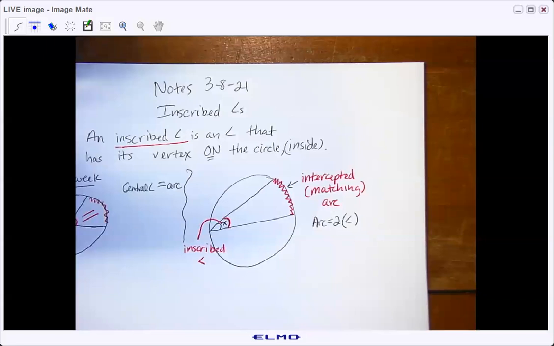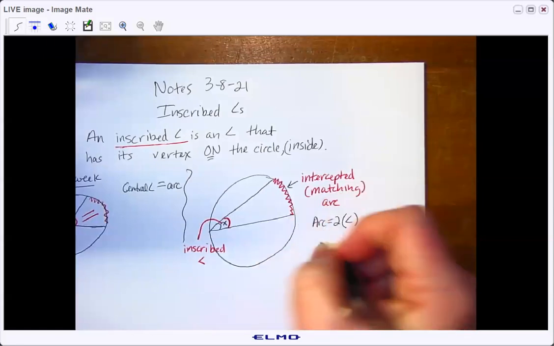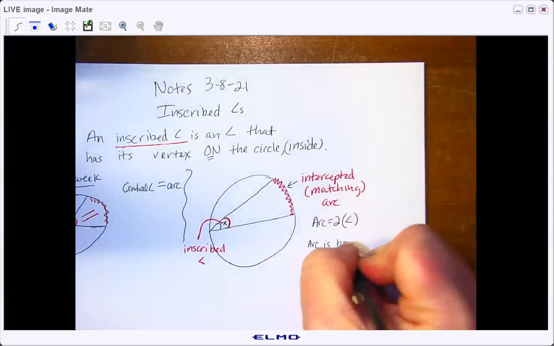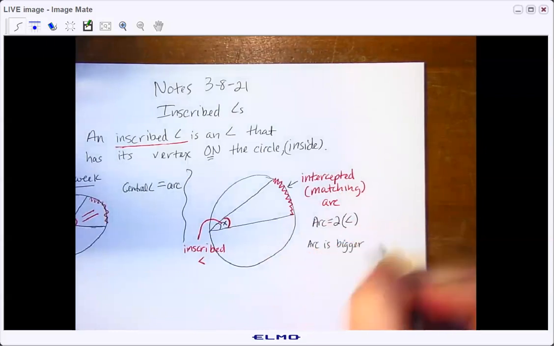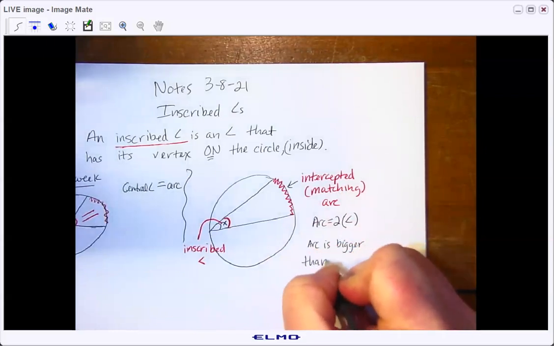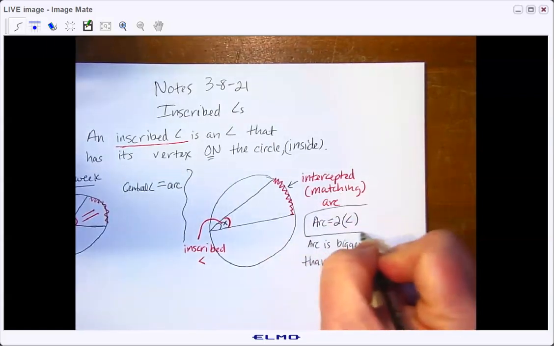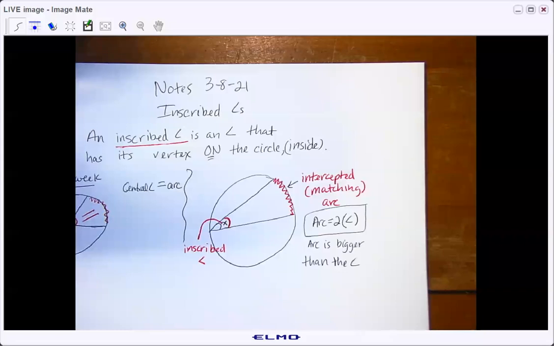So it's not some random number. It's twice as big. So the arc is bigger than the angle. This is the relationship right there.